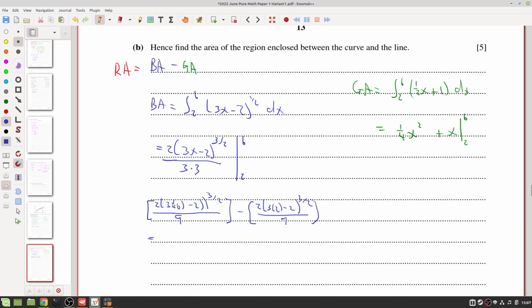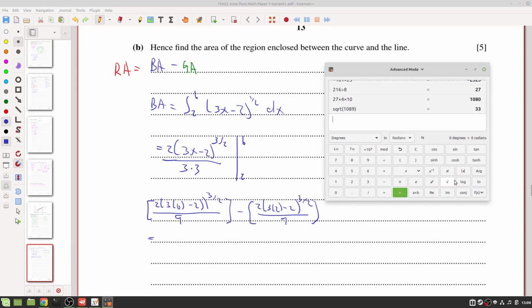So 3 times 6 is 18, minus 2 is 16, to the power 3 over 2. That's 64, let's just make sure. 16 to the power 3 over 2 is 64, yes.